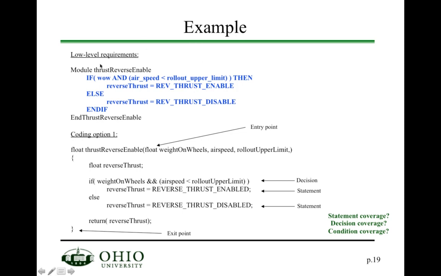Yeah. Of course, you look at this particular if statement, and as I said before, you need to use the requirements to drive the test cases. So in this case, I could have picked weight on wheels equal to true, and airspeed equal to false, and weight on wheels equal to true, and airspeed smaller than rollout upper limit equal to true, and then one weight on wheels equal to true, and the second one equal to false.